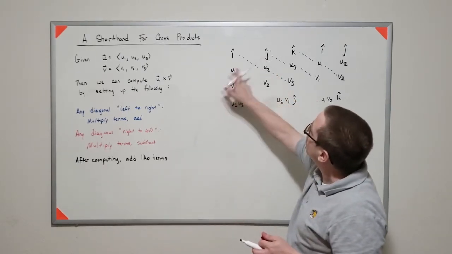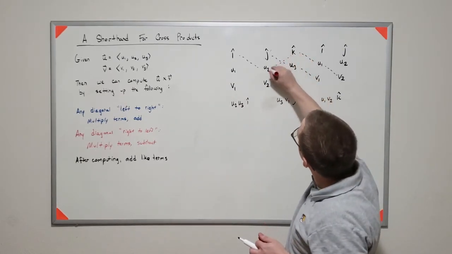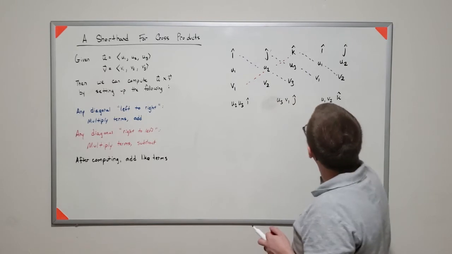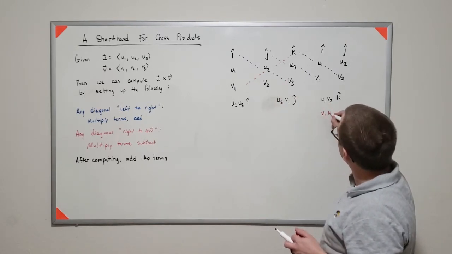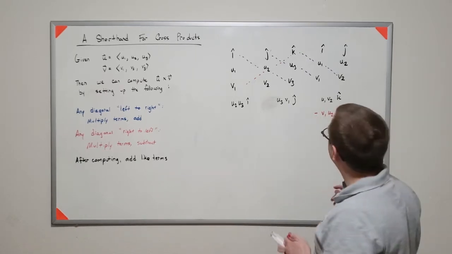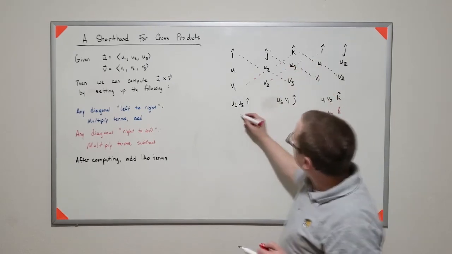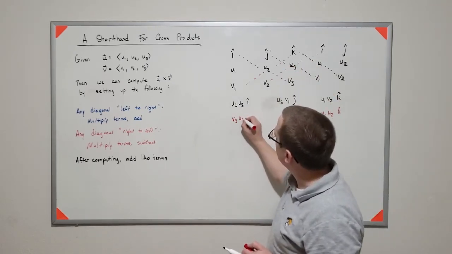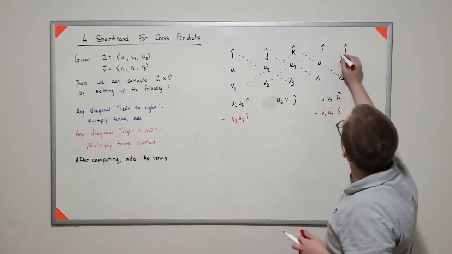Notice we can't start with j here because we don't have a third column, so we have to start with the k one. So I have v1, u2, k, but it's a negative. And then I have v2, u3, i, but it's a negative.